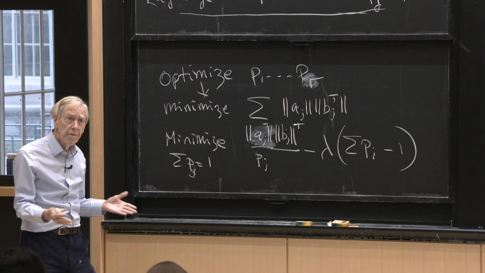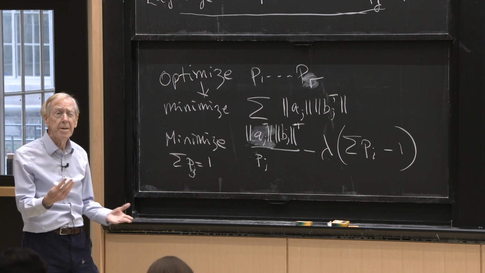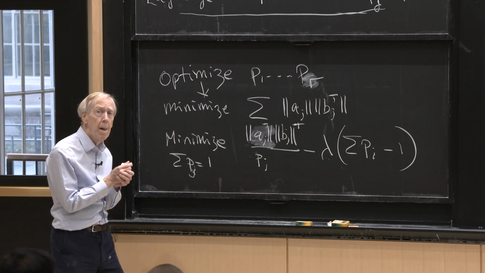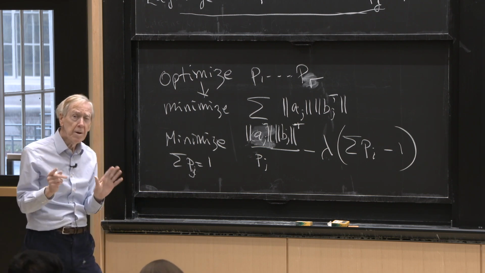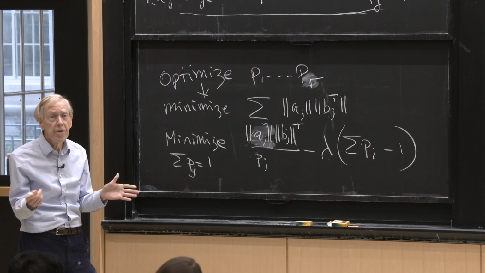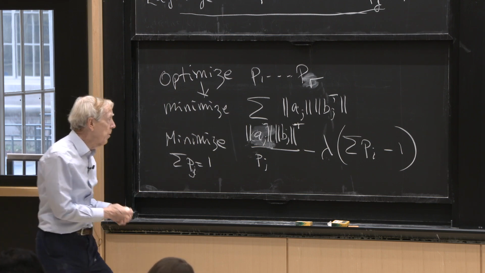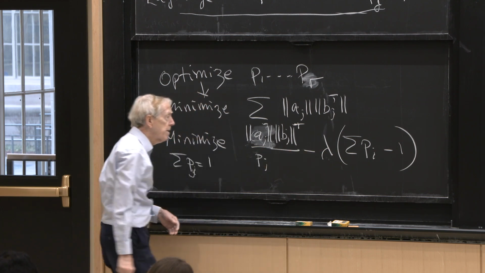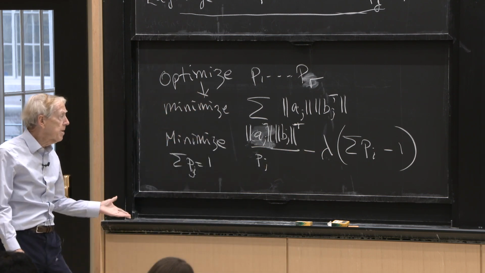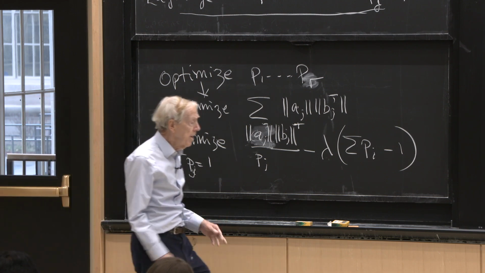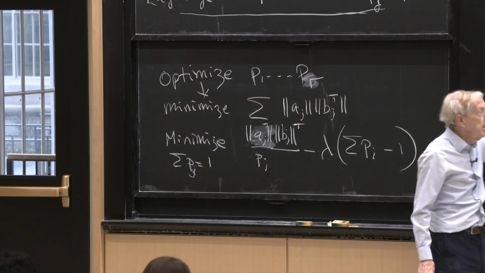You set the derivatives to 0, and you get the answer. It's like a miracle. But if you've seen Lagrange, it's a confusing miracle. Okay. So if I take the derivatives with respect to the p's, set them to 0, I think I'm going to get the recommended p's.